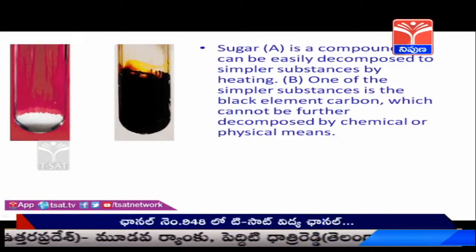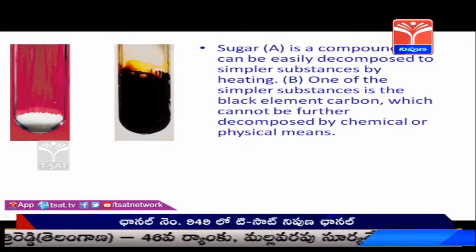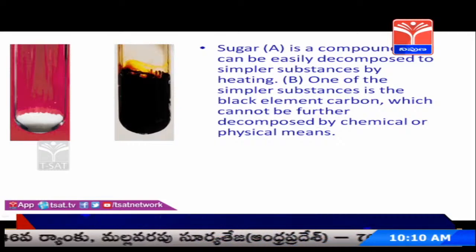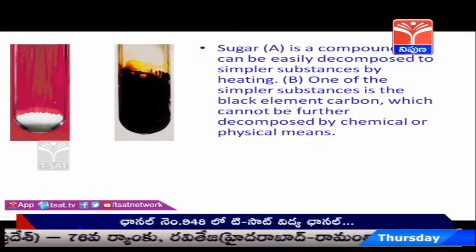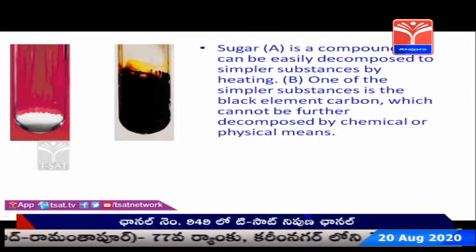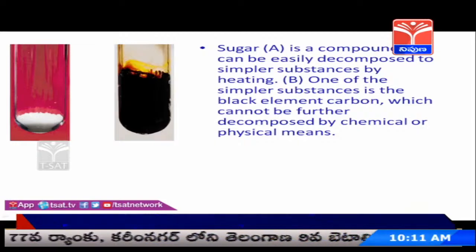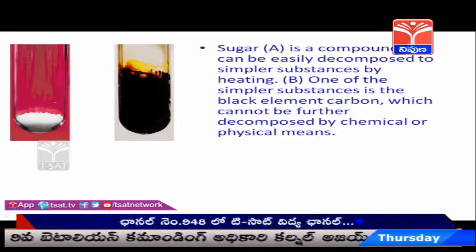For example, if we heat sugar in a hot glass test tube, it will char into carbon, because sugar consists of three varieties of elements, namely carbon, hydrogen and oxygen.